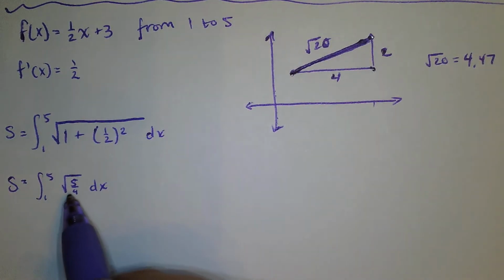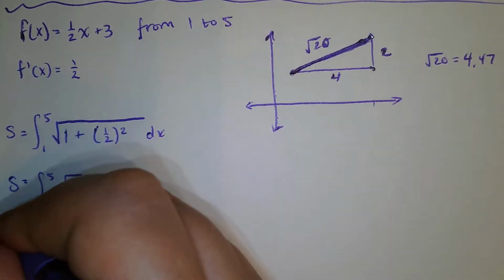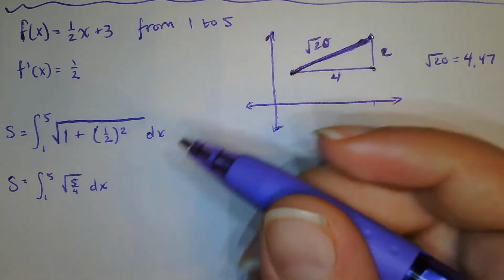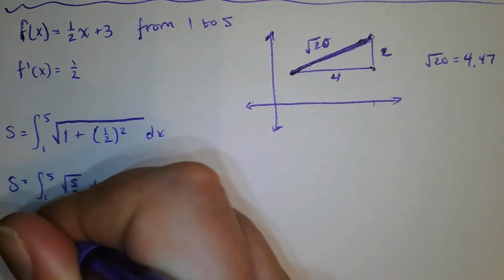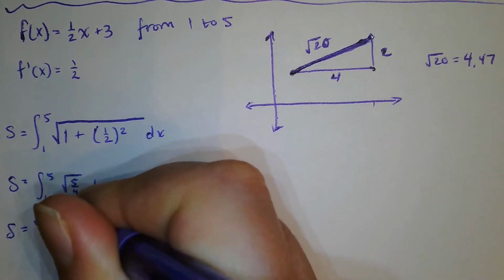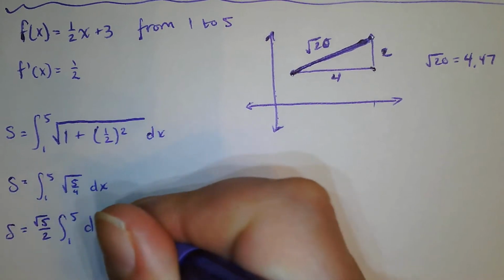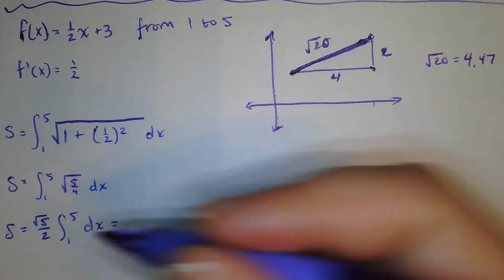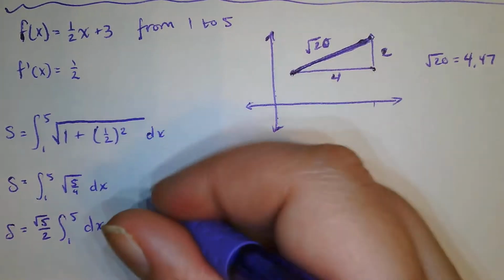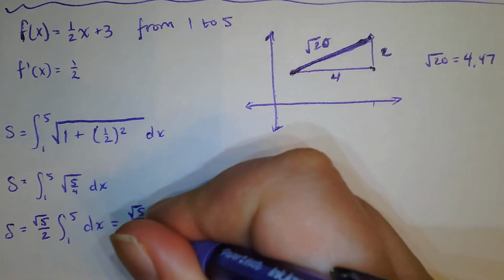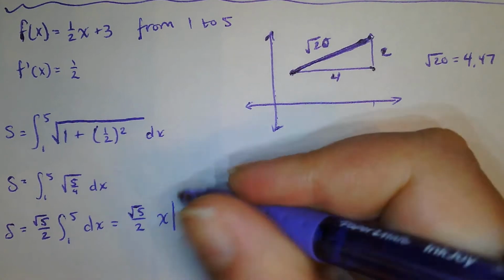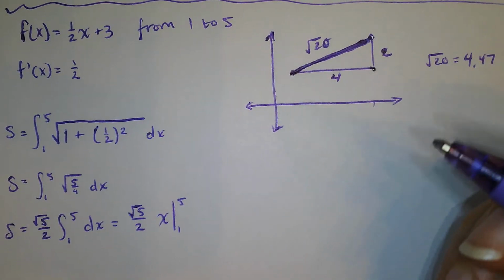I can simplify that because the denominator is a perfect square, and I'm going to pull it out front because it's a number. So s equals square root of 5 over 2, integral from 1 to 5 of dx, which is just going to be the square root of 5 over 2 times x from 1 to 5.